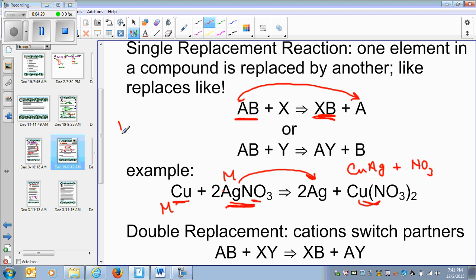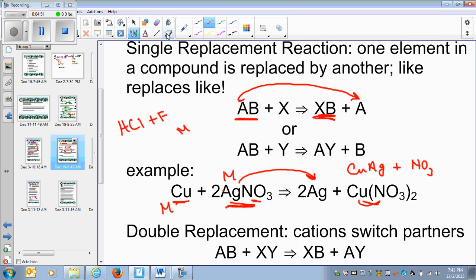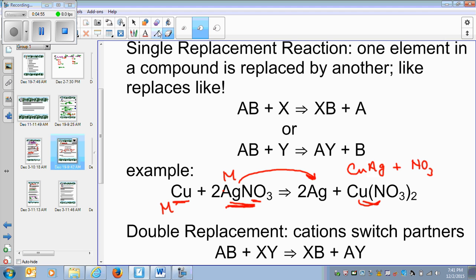So if I have HCl and I react it with fluorine, which is a non-metal, something is wrong here. Let me erase it. I'm going to give you an example of a non-metal.